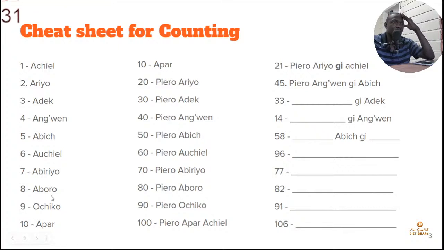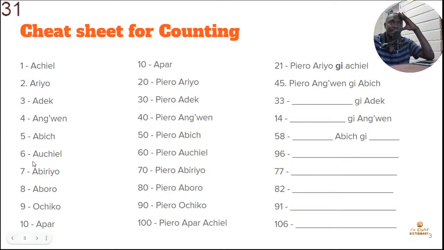Okay. Now let's look at 96. 96 would be 90 and 6. And what is 90? 90 is piero ochiko. So piero ochiko gi auchiel. Piero ochiko gi auchiel.